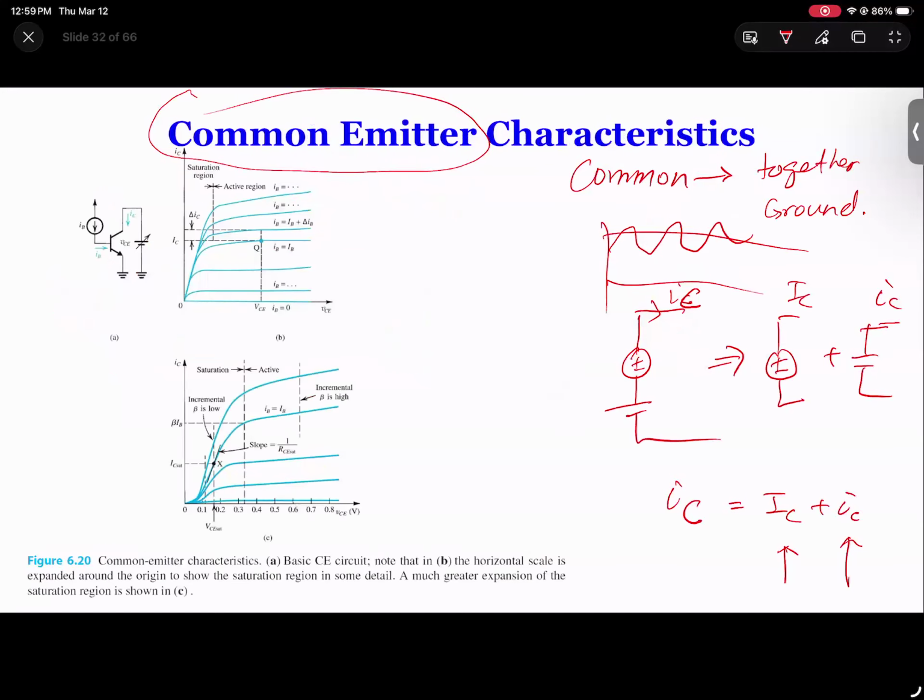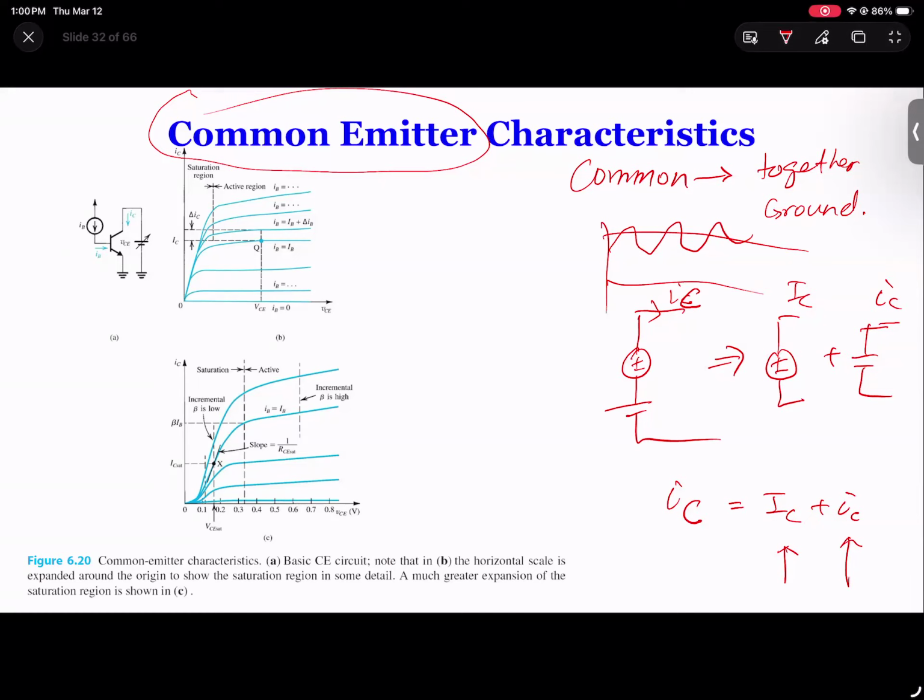The good thing about this circuit is that you inject a constant current source into the base, so it's not easy to burn the device because you're injecting a current source instead of a voltage. But you might still have trouble because your current is also related to VCE.